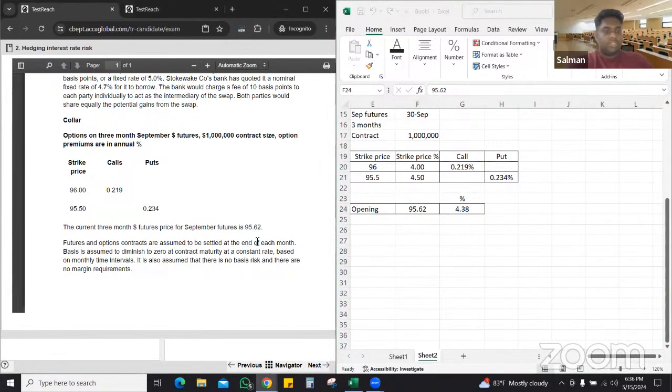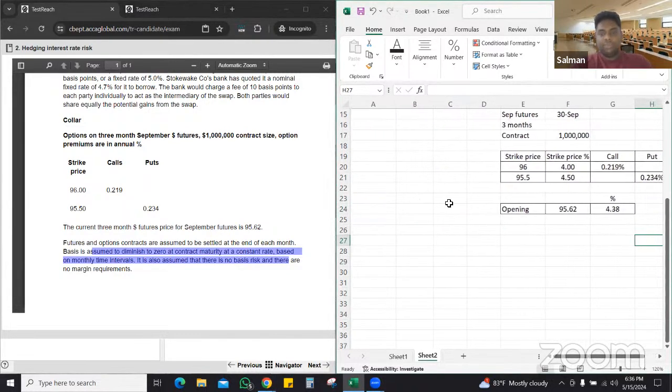Futures and options contracts are assumed to be settled at the end of each month, the end of September, maturity date. Basis is assumed to diminish to zero at contract maturity at a constant rate, based on monthly time intervals. It is also assumed that there is no basis risk and there are no margin requirements.